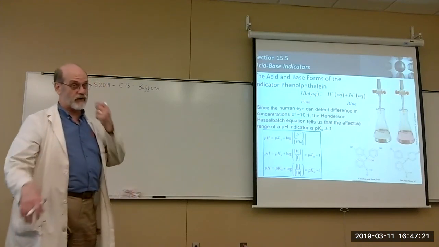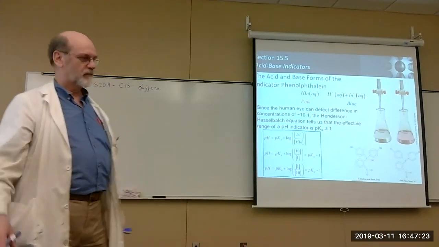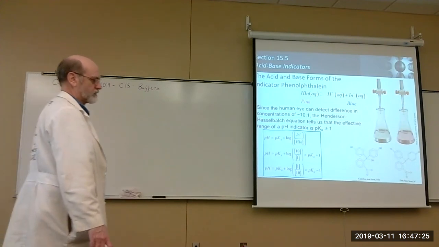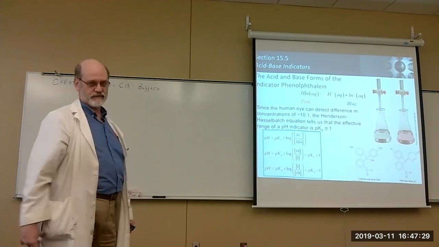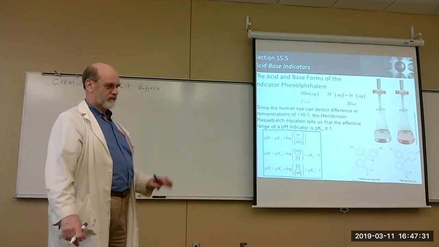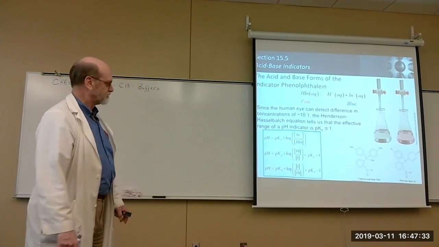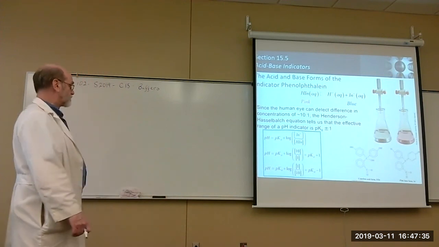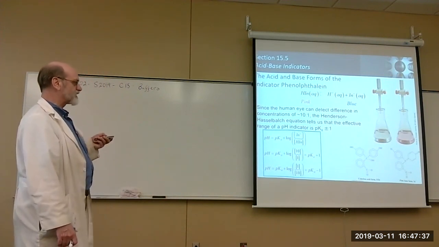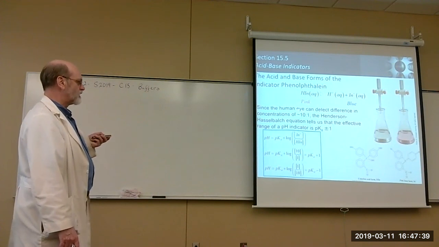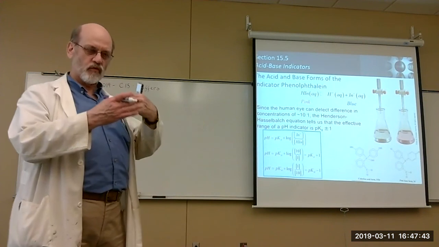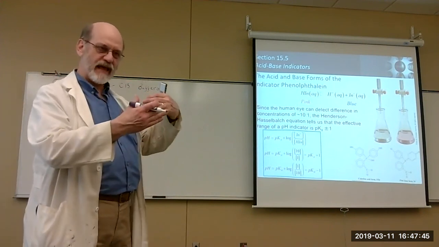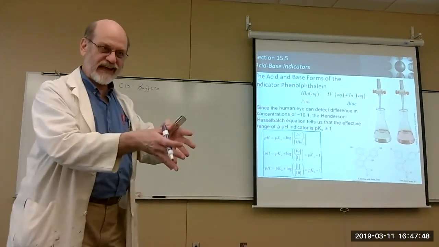So that's a pretty wide range. It's like 100, two orders of magnitude for the human eye to see the difference. Right? Fortunately, that's not a problem. But what does that mean in terms of the pH change region around the pKa of our given indicator?